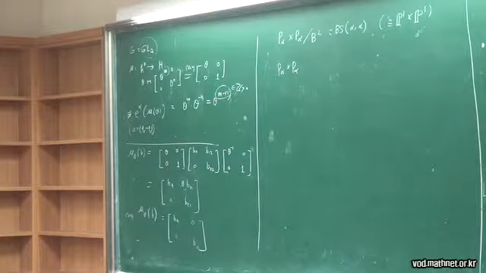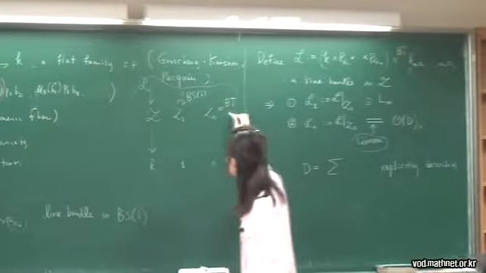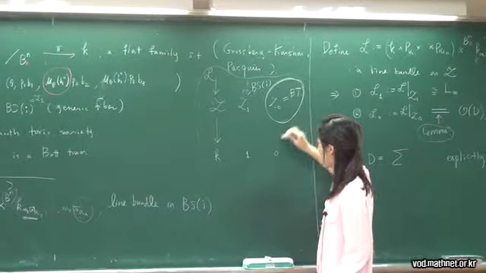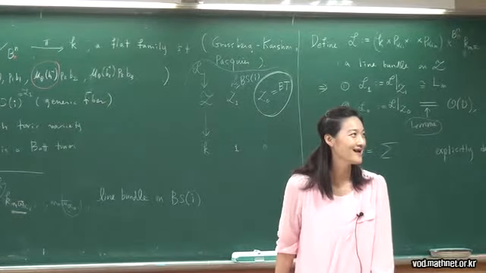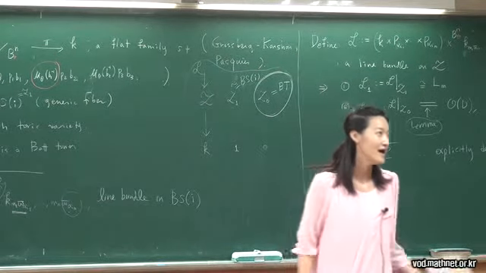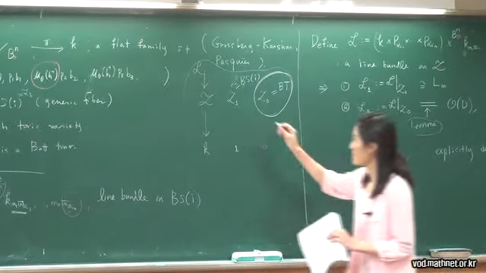This is a line bundle. To tell you the line bundle, I have to tell you what the fan constructing it is. I don't understand what you mean by special fiber. So L0 and Z0 and all these.